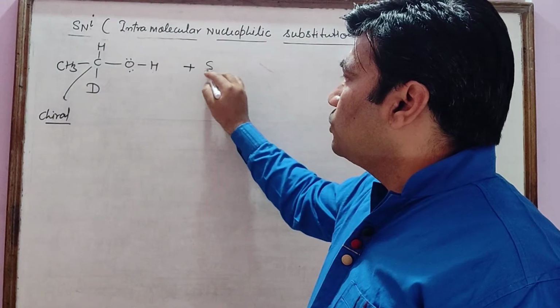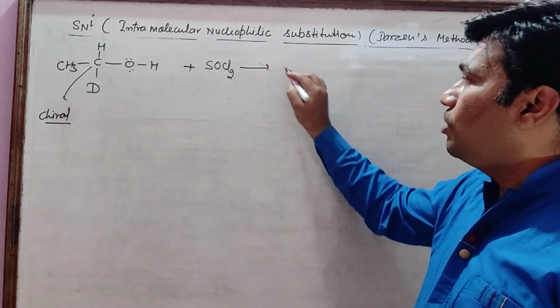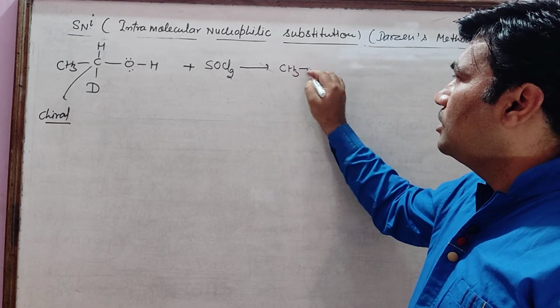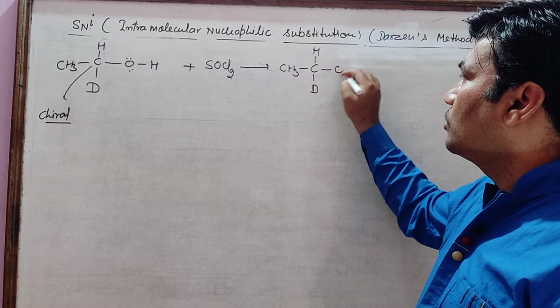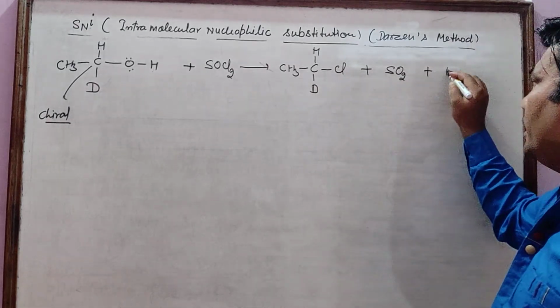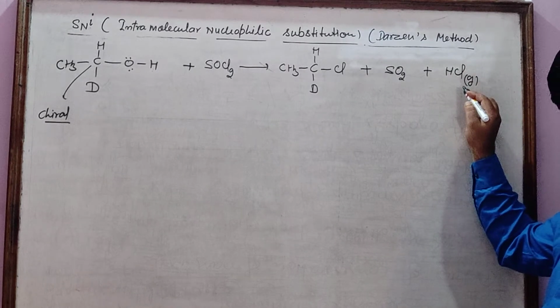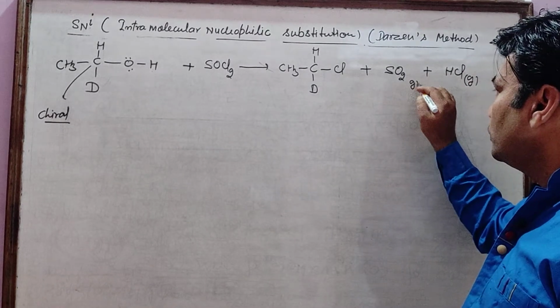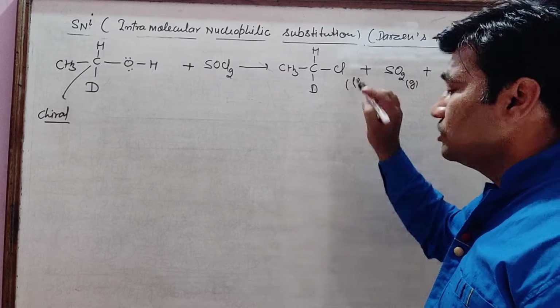Now SOCl2, when it reacts with this type of compound, will form CH3, H, deuterium and chlorine, and SO2 and HCl, right? This HCl is also in gaseous state, SO2 is also in gaseous state, but this chloride you will get in liquid state.